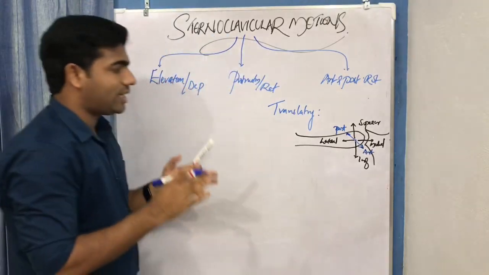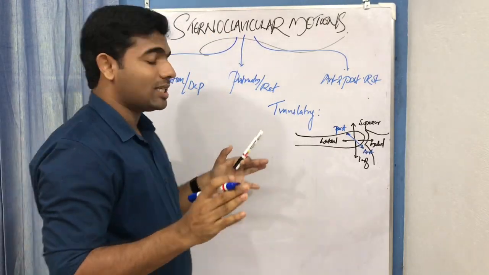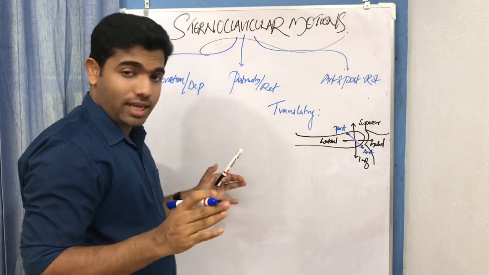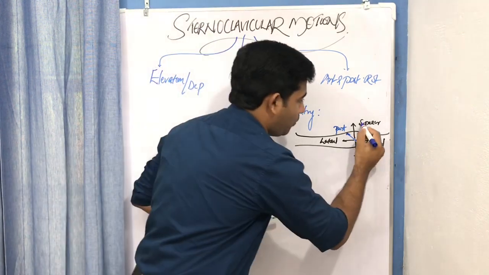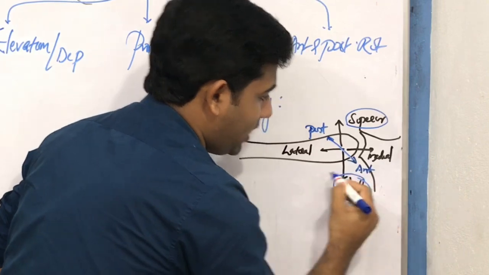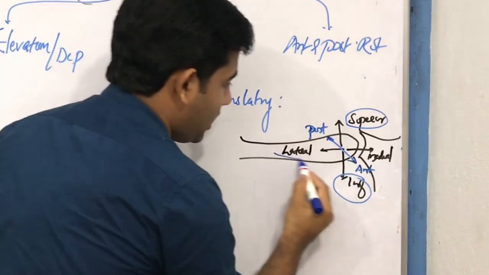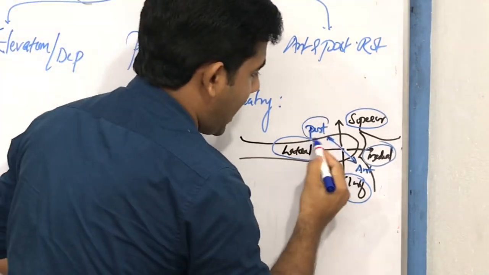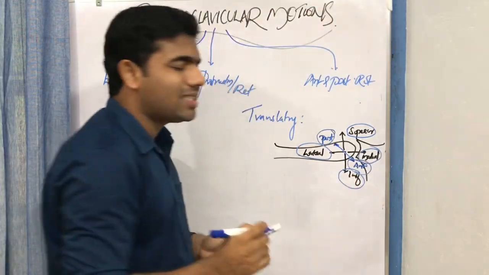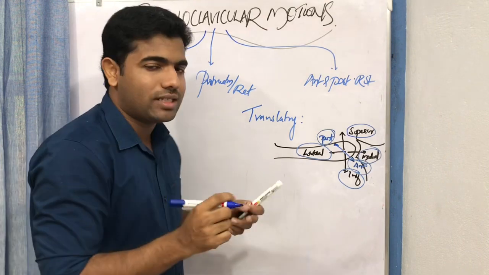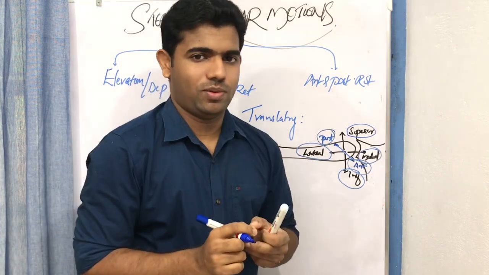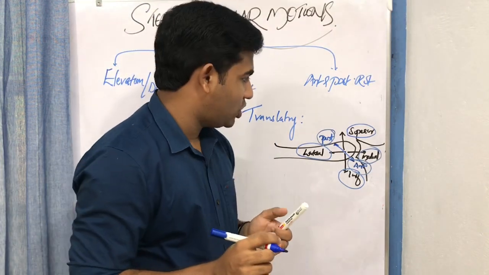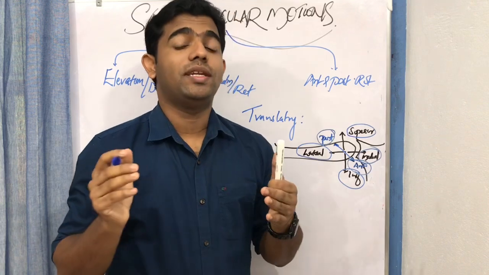So the translatory motions possible in the sternoclavicular joint are 3 combinations: superior and inferior translation, lateral and medial translatory movement, and posterior and anterior translatory movement. These are very minimal movements happening in a slight degree.